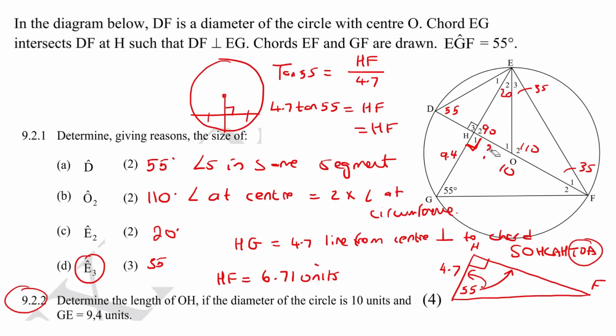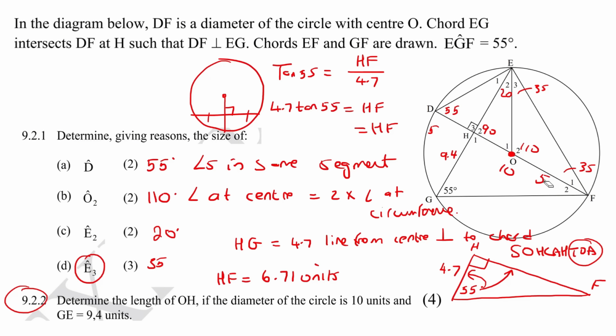Okay, so now if you look carefully, they told us that the length 10 is this diameter. That means that from O to F would be 5, and from O to D would be 5, because remember the radius is half the diameter.